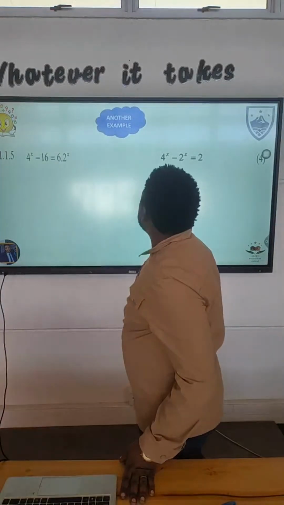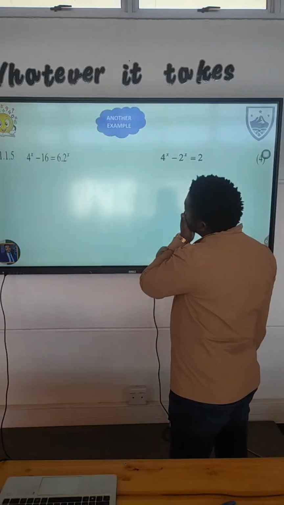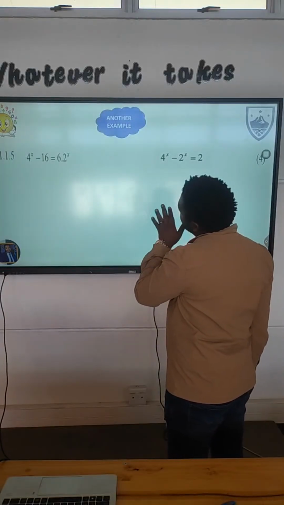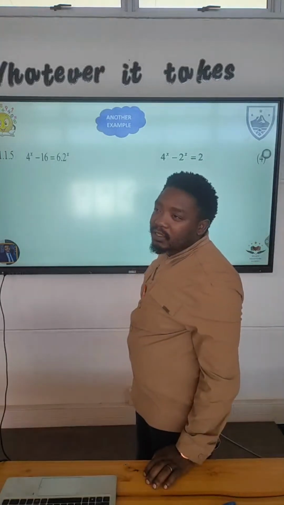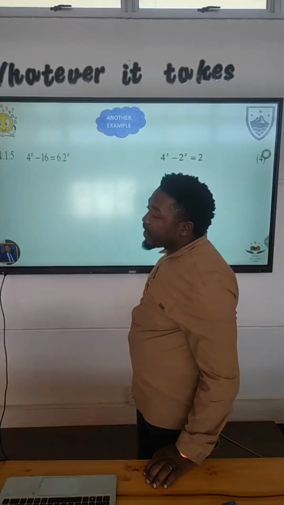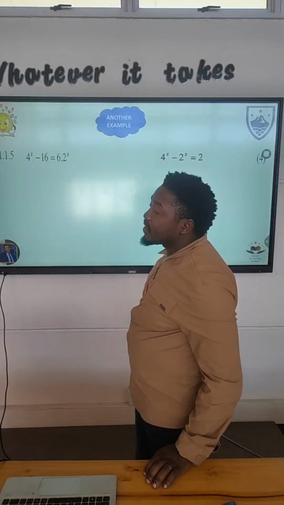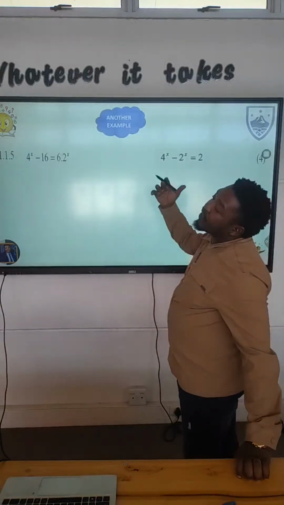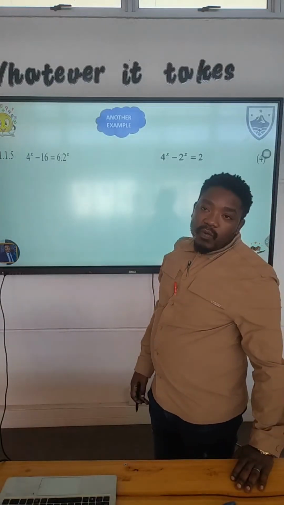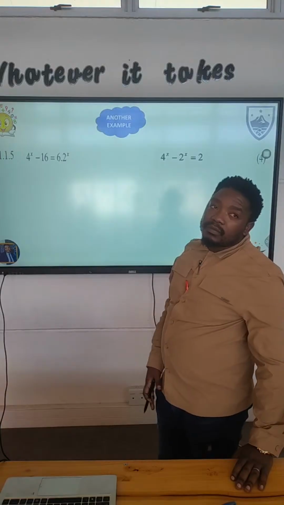Let's take a look at such problems. When you look at a glance, they look like your simple exponential, taking out a common factor, dividing by that common factor on both sides. But in actual sense, these are the same problems that we had on the other side, where we had to bring in another variable.